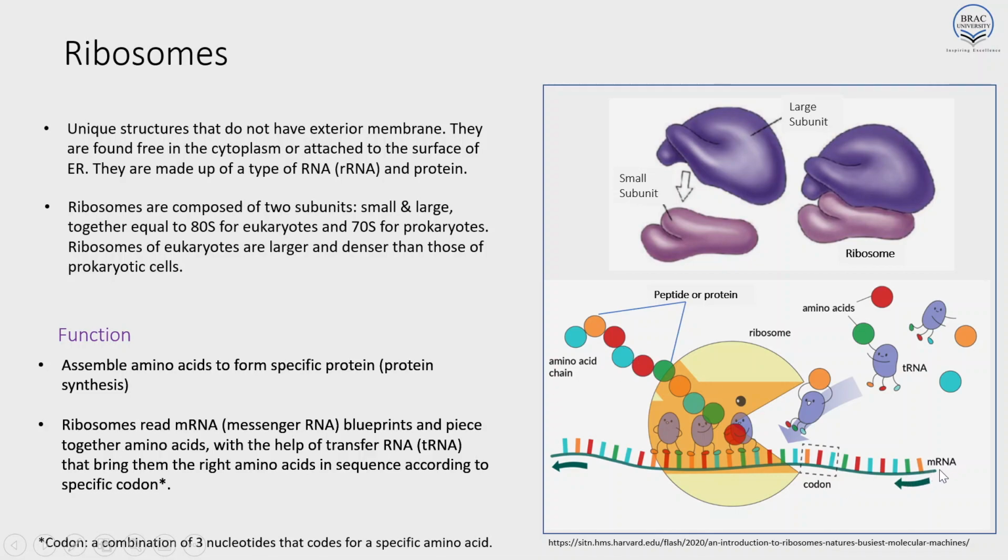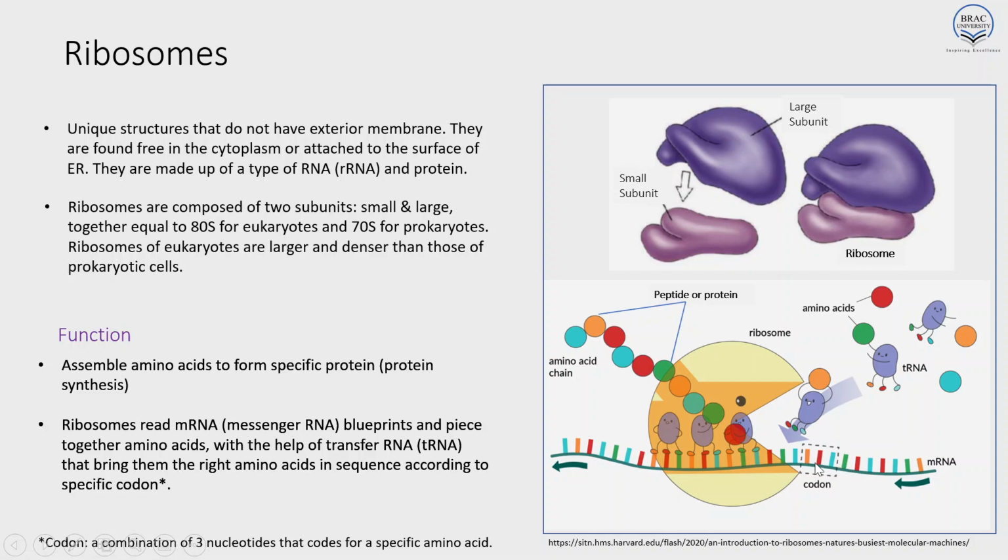So another important thing is this mRNA. You can notice these tiny little bars. Each of these bars is a single nucleotide. Nucleotides are basically adenine, guanine, cytosine, etc. We'll learn more about the structure of this mRNA or nucleotides in the nucleic acid chapter. So just know that the single bars are nucleotides, and each three nucleotides is called a codon, that codes for a specific amino acid.